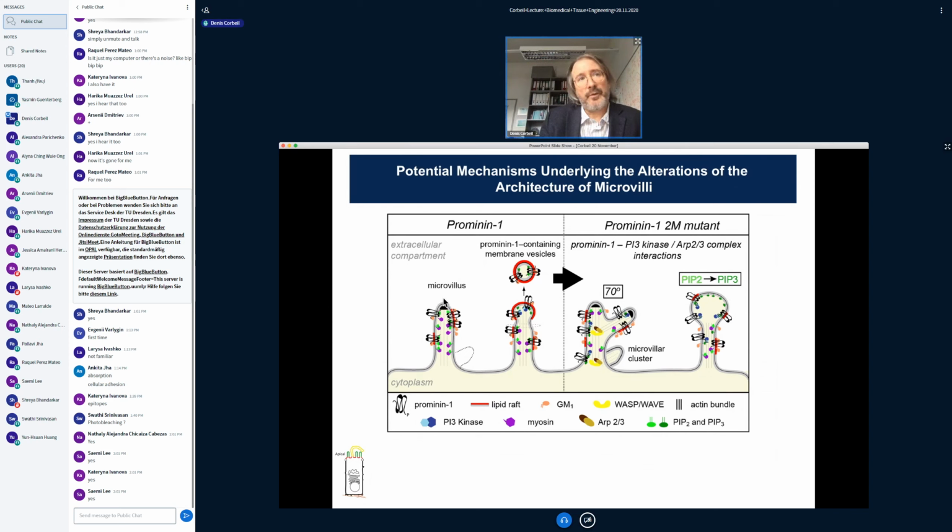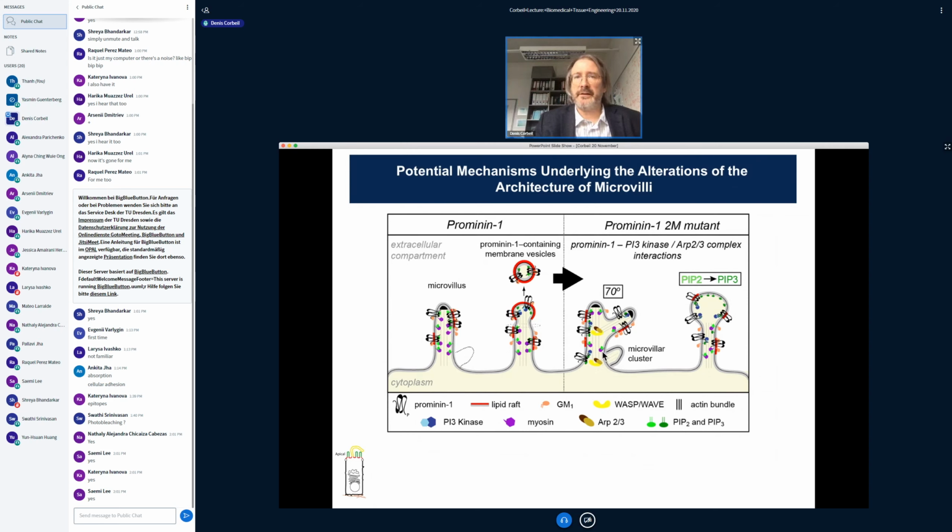Then when we have prominin there, what we observe is that prominin starts to be concentrated on the tip and can bud as a vesicle. That's what we have in the normal situation. Now, when we overexpress prominin-1 or even the mutant, we observe 2 major phenomena: branched microvilli, or more microvilli clustering.